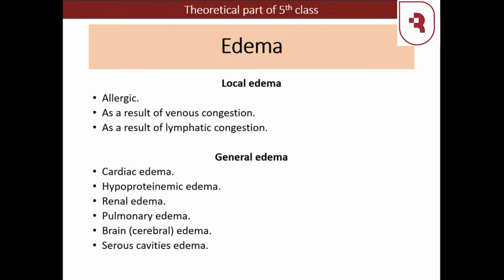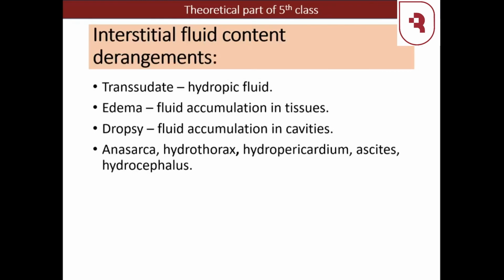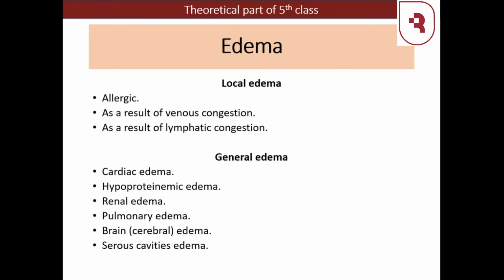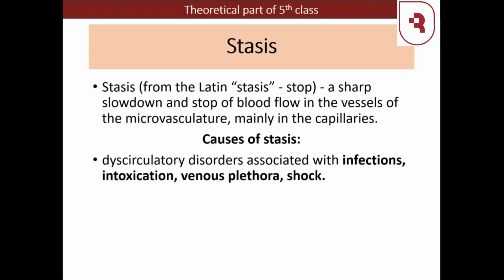Brain and cerebral edema will have great complications and sometimes may lead to death of the patient. Serous cavities edema we have already discussed in our previous slides, when we talked about accumulation of fluids in our normal cavities.